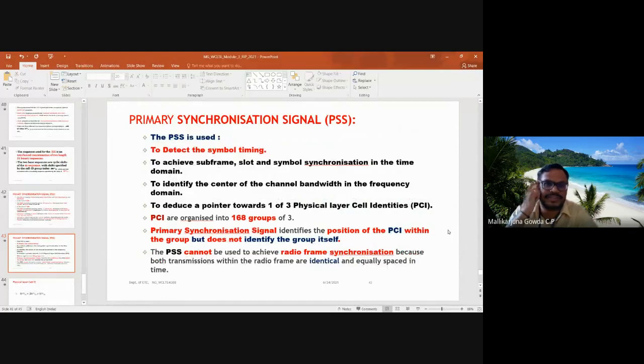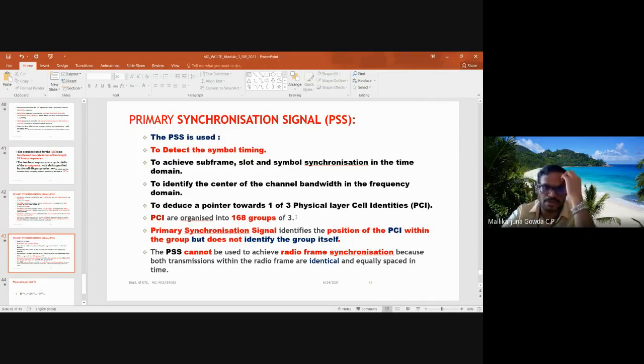As I used to say, the PSS is used to detect the symbol timing, right? It is used to achieve subframe, slot, and symbol synchronization in the time domain, and it is used in the frequency domain, right? And it is used to deduce the pointer towards one of three physical layer cell identities, that is PCI. PCIs are organized into 168 groups of 3.